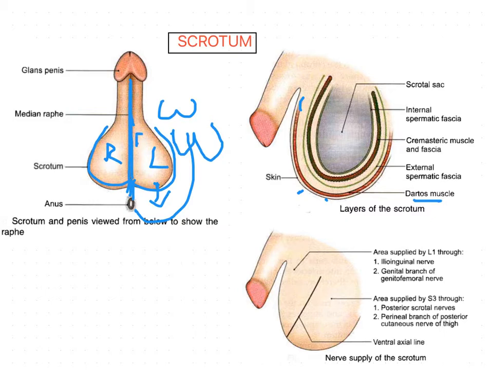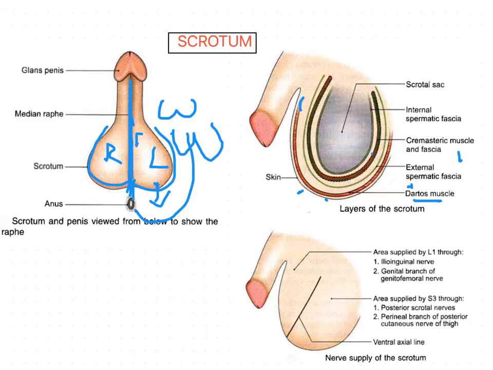Next layer is the external spermatic fascia, which extends from the external oblique muscle. Next to this is the cremasteric muscle and fascia, from the internal oblique muscle.